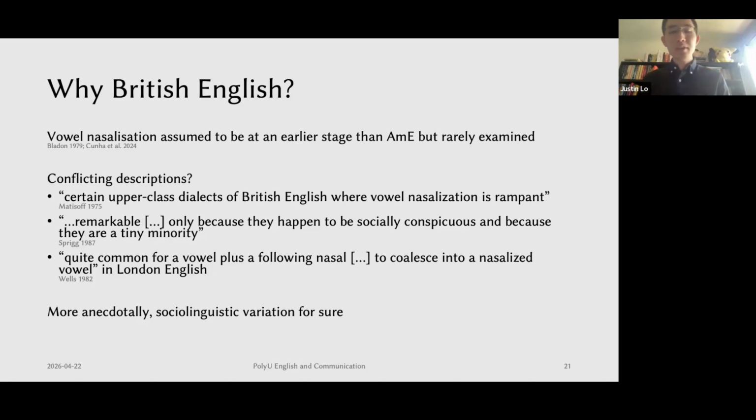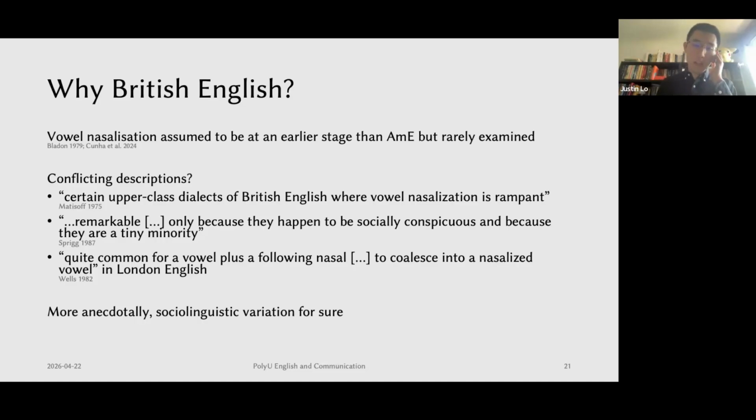And we have all these conflicting descriptions in the literature, qualitatively speaking, about whether some dialects or accents of British English may have really strong nasalization or actually really, really weak nasal co-articulation. So we haven't really known what's going on.